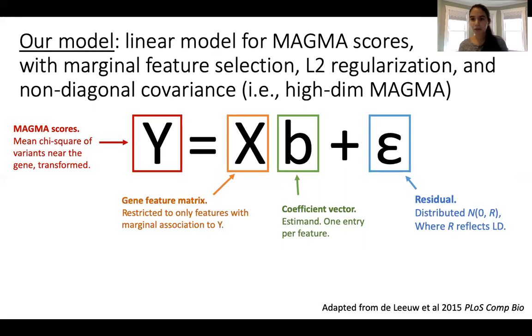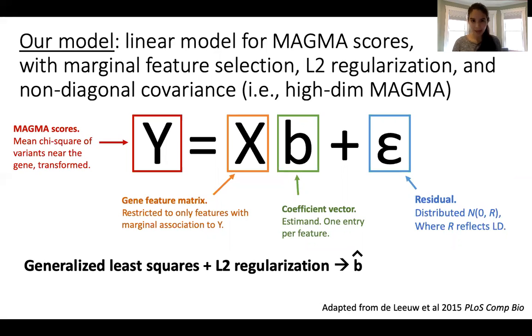Again, because of the correlation patterns of different variants in the genome, the residual has a covariance R that's not diagonal, and that was given by the MAGMA method. We estimate B using generalized least squares, which takes care of this residual covariance R, plus L2 regularization, because even though we do marginal feature selection, there are still enough features left over that L2 regularization makes a big difference.